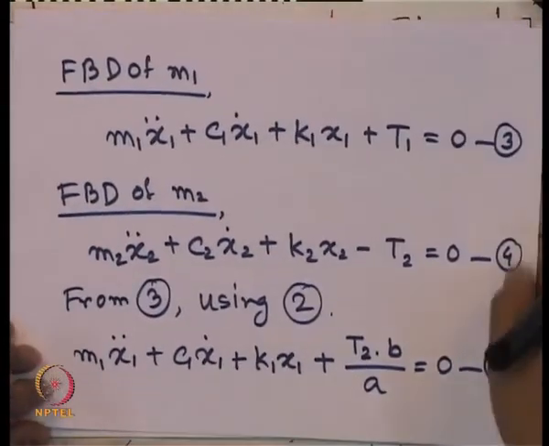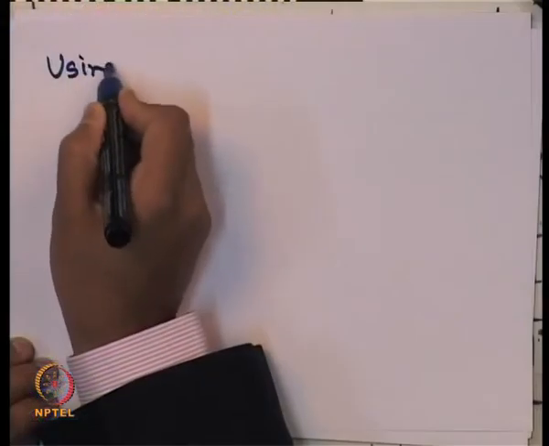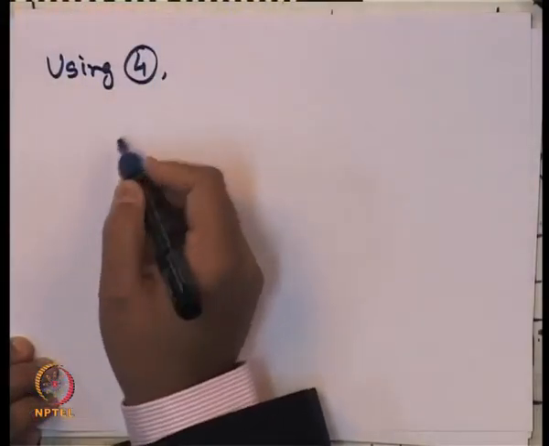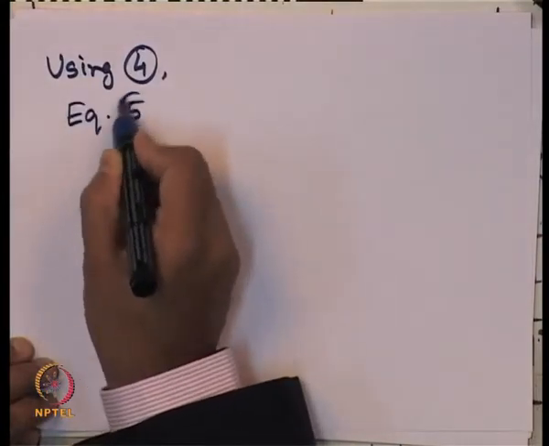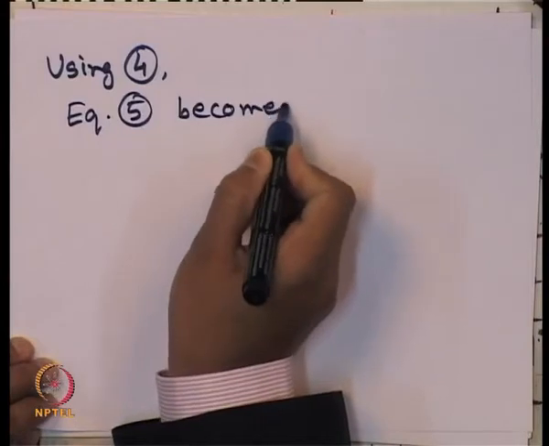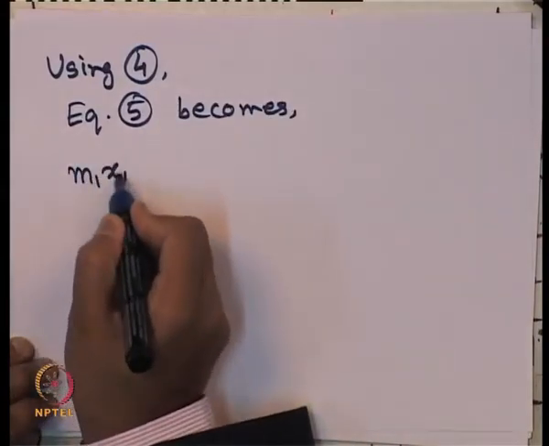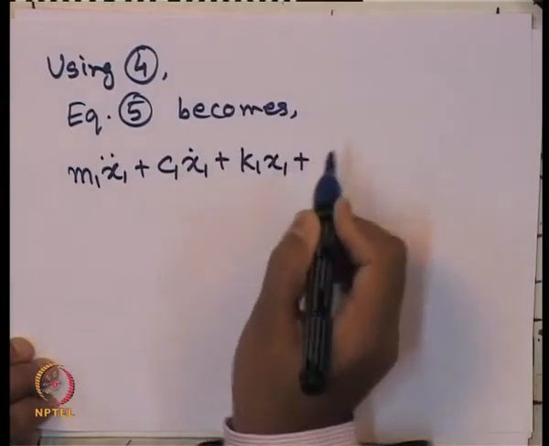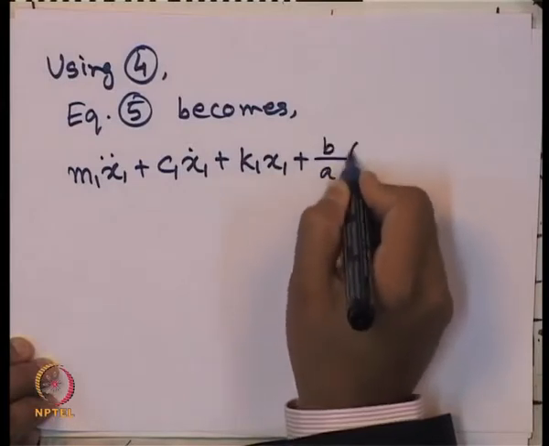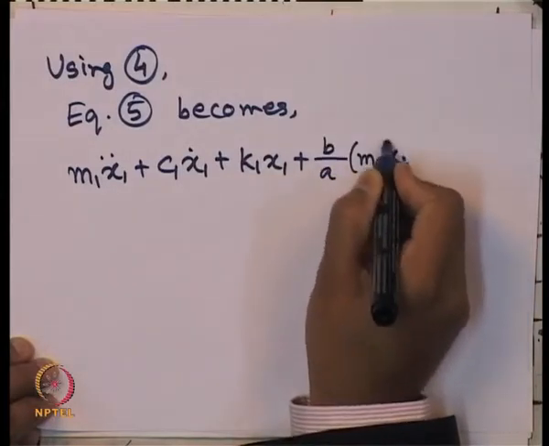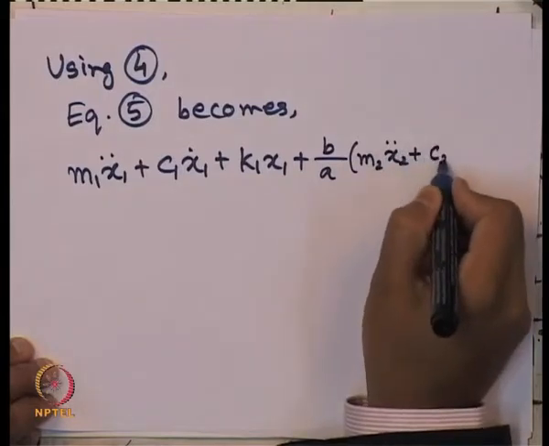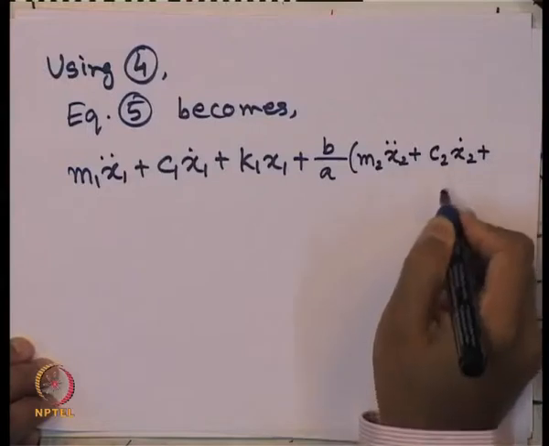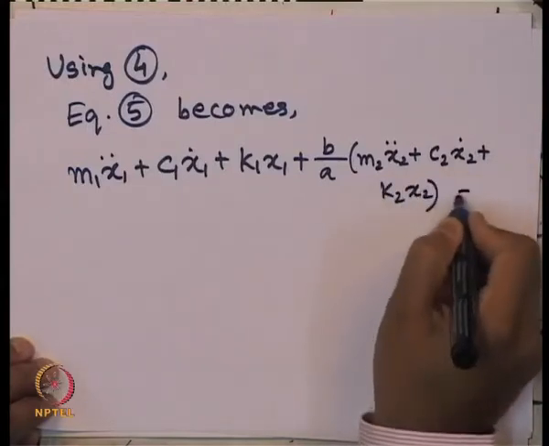Now, using equations 4 and 5, solving these two equations, what can we write? Using 4, equation 5 becomes M1 x1 double dot plus C1 x1 dot plus K1 x1 plus B by A times M2 x2 double dot plus C2 x2 dot plus K2 x2 equals 0.